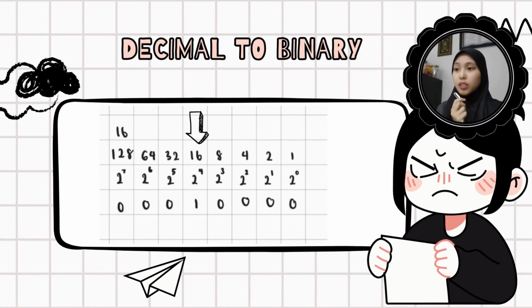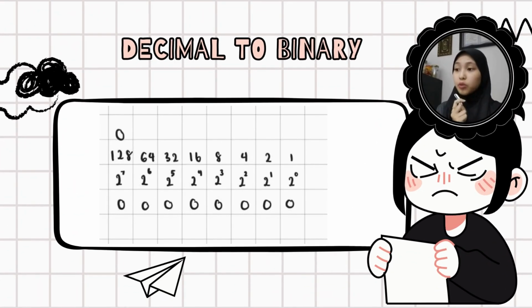Next I'm going to convert 16 into binary. As you can see here, I do not need to find a sum to get 16 because 16 is already there. So I put 1 under the number that represents 16, and the rest I put zeros. And so I get the binary for 16.